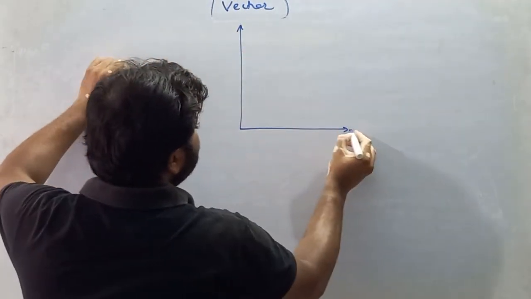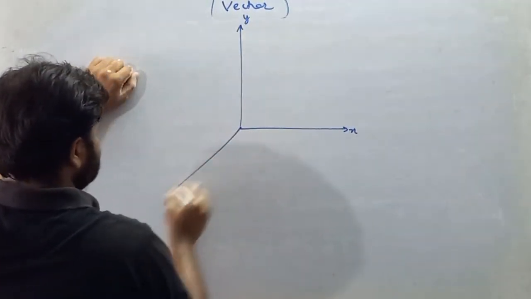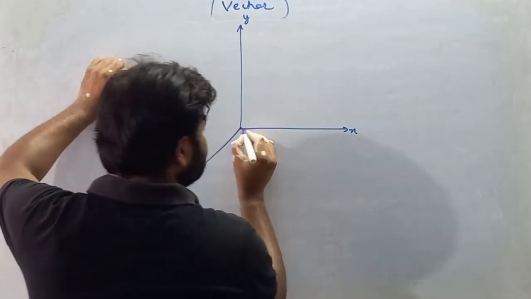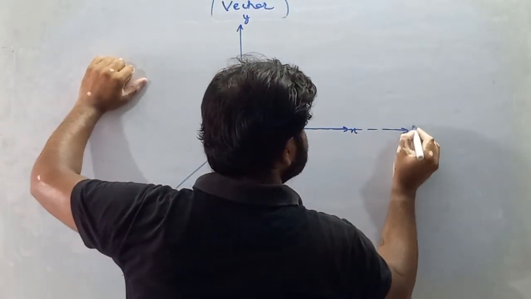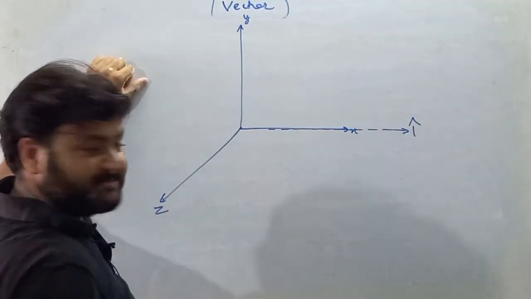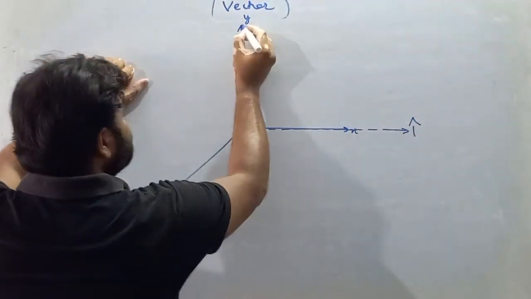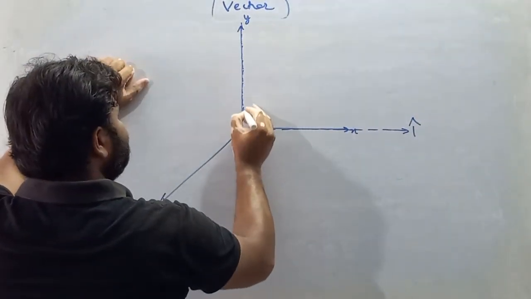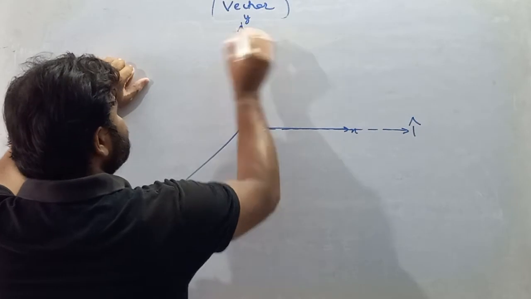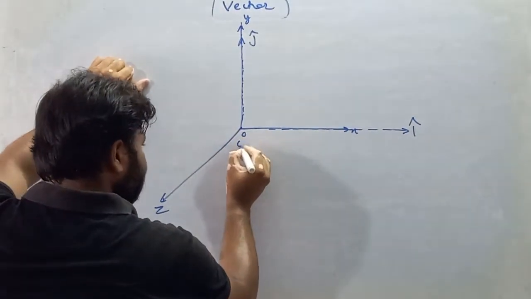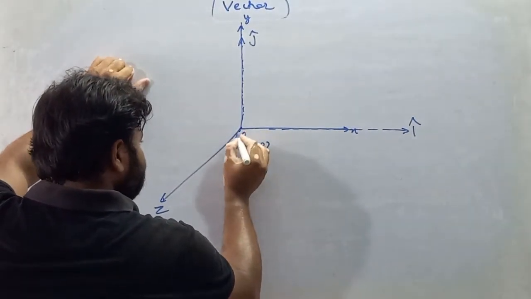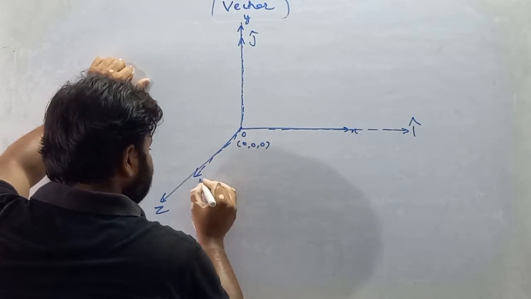This is our x-axis, y-axis, and z-axis. So remember, along x-axis, unit vector is i cap. See, I am pronouncing i cap. Similarly, along y-axis, the unit vector is j cap. Similarly, along z-axis, the unit vector is k cap.